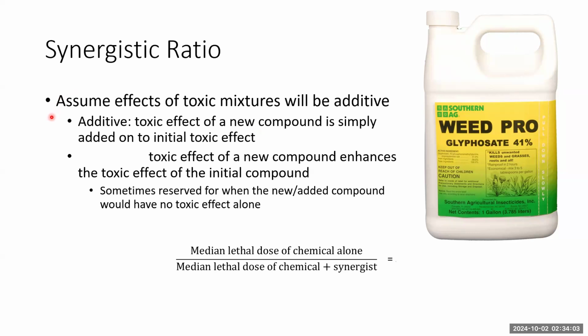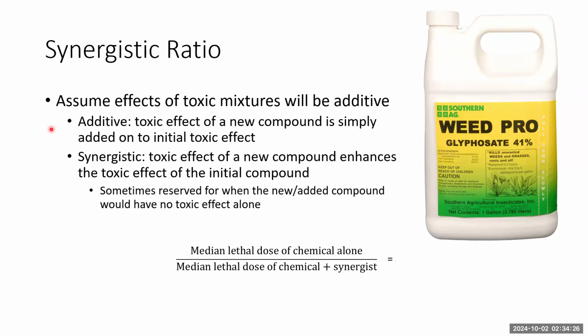If we have 1 unit of compound A and 1 unit of compound B, we can expect 2 units of toxic effect, purely additive. However, oftentimes, the other compounds that we encounter along with some target compound of interest are not interacting in a purely additive way. They're often acting in a synergistic way.